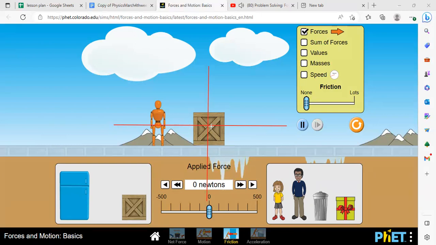So what are the forces do you think are acting on this crate? Hello. So what are the forces that are acting on this crate?